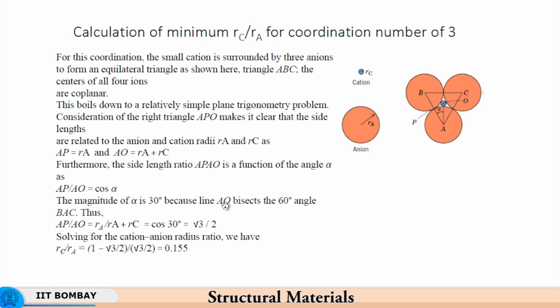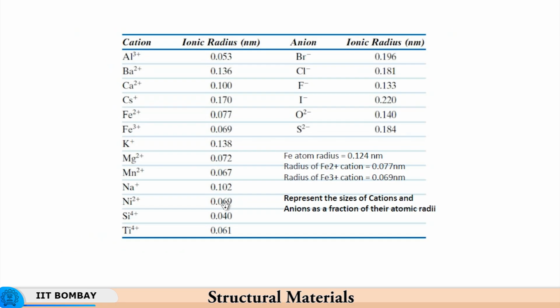And so, purely based on geometry, one can calculate the RC by RA ratio as 0.155 for the coordination number of 3. So based on this you have these ranges which have been set.